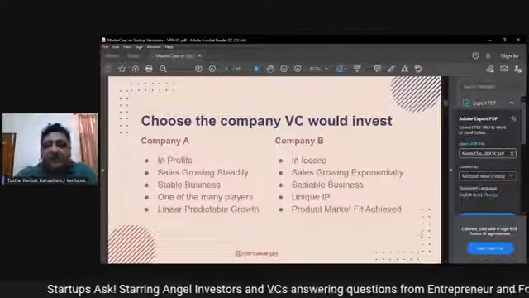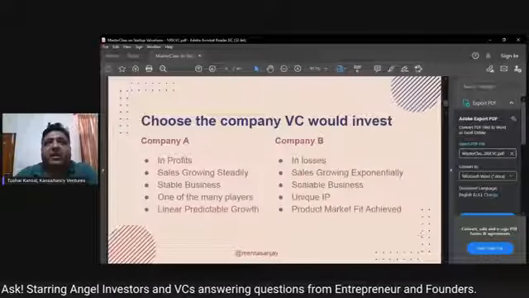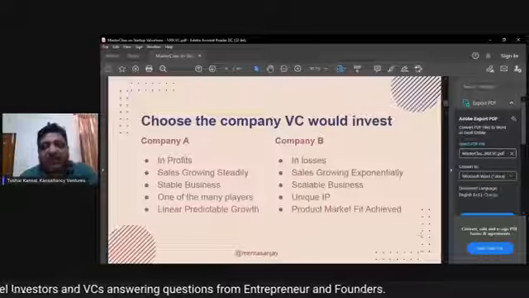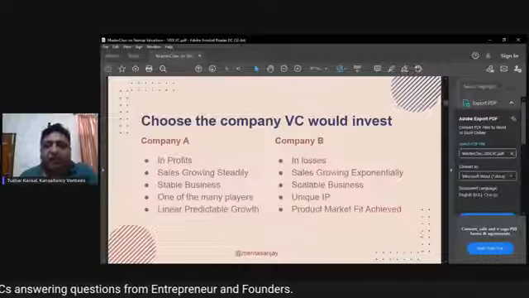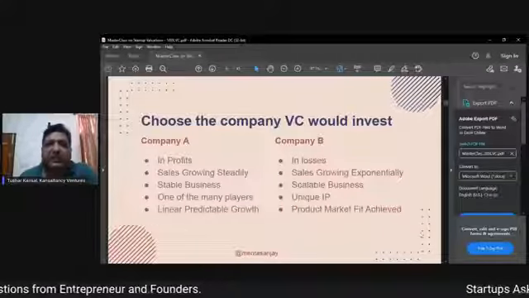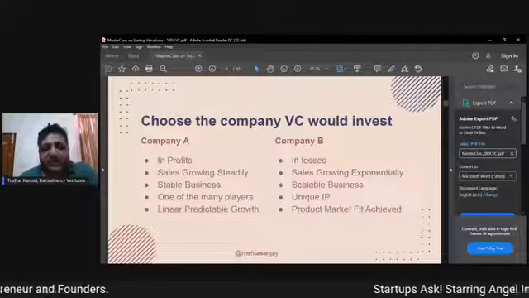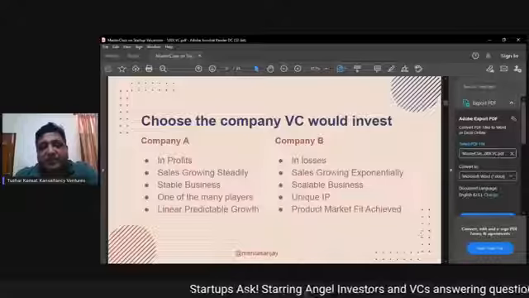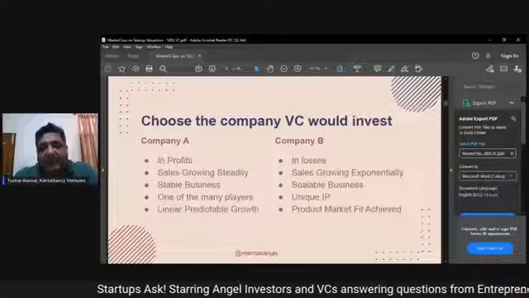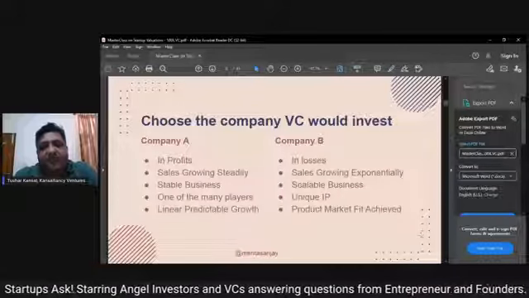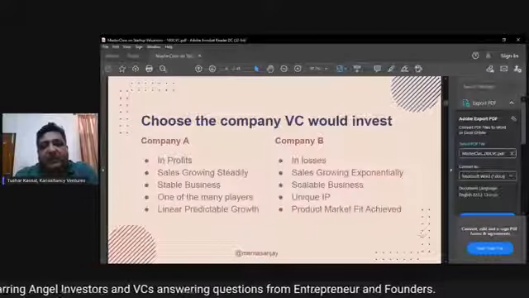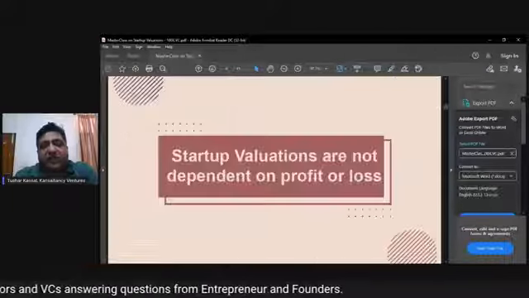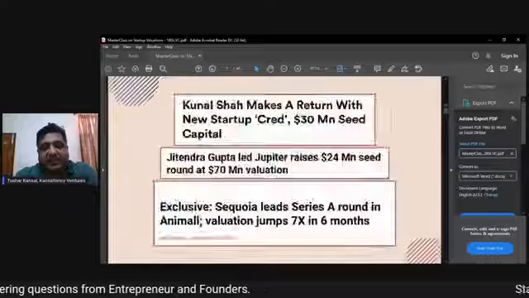The reason is that the money being generated by the company is being put into expansion. That might be the reason why it is making losses, but at the same time, it has the potential to scale up, and maybe it has a unique intellectual property, and also its product market fit is achieved.